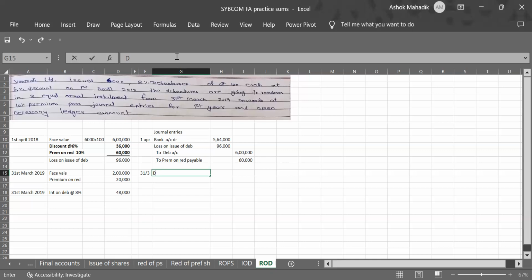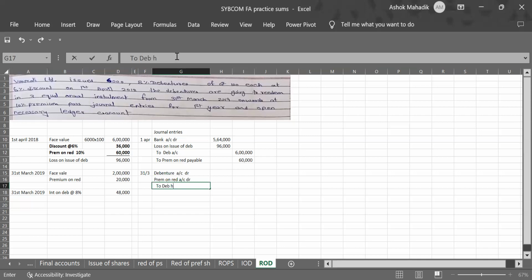So let us pass the entry for redemption. Debentures account debit. We are paying extra, so premium on redemption account debit, to debenture holders account.